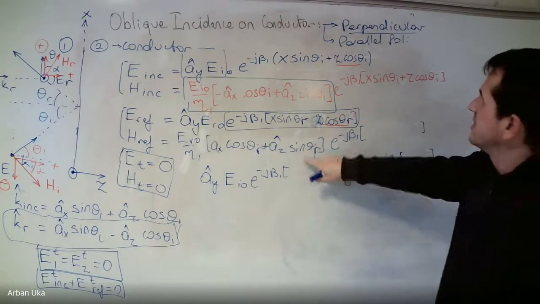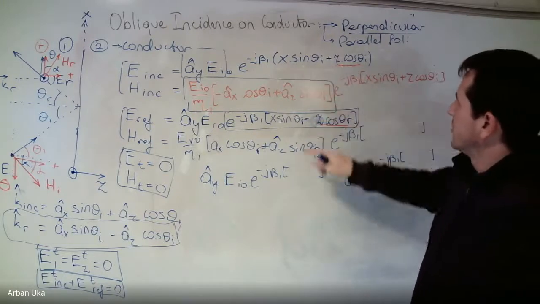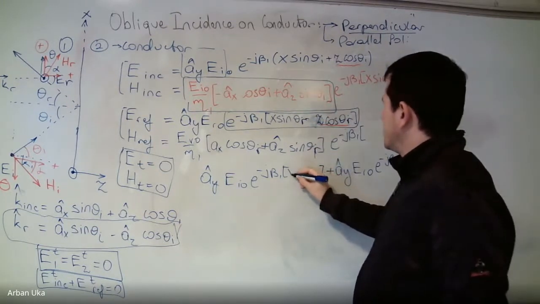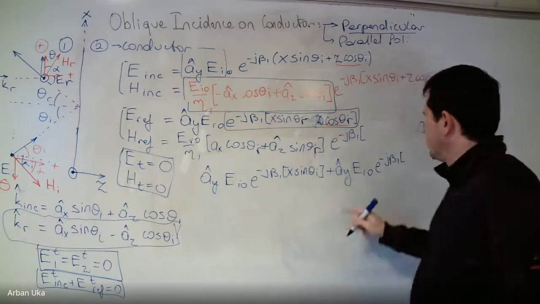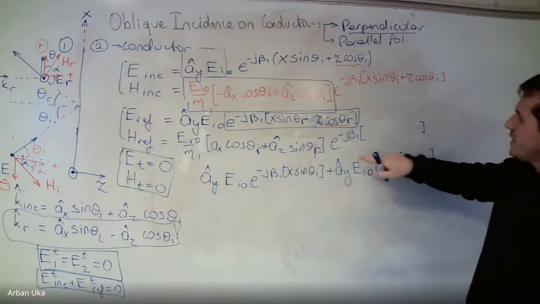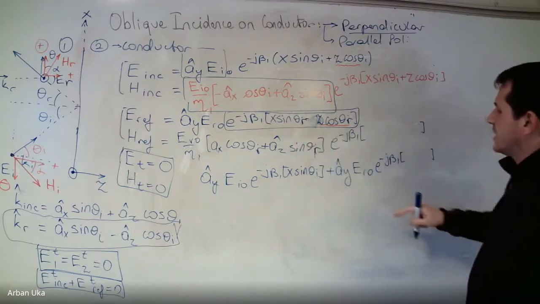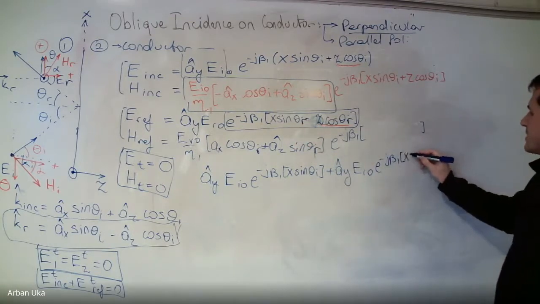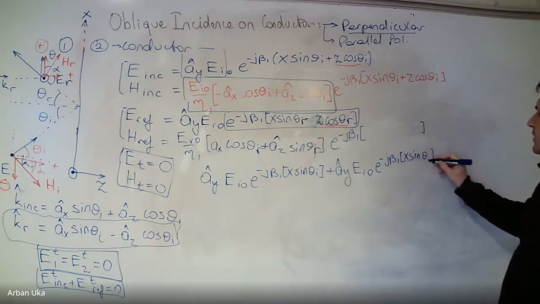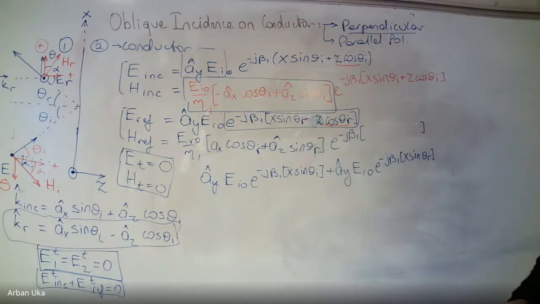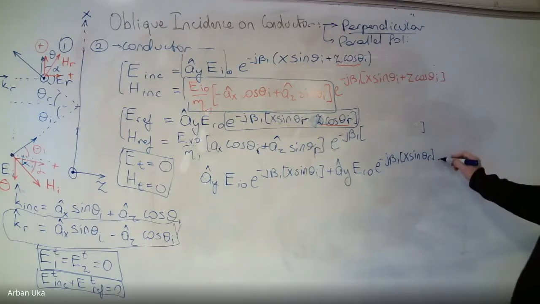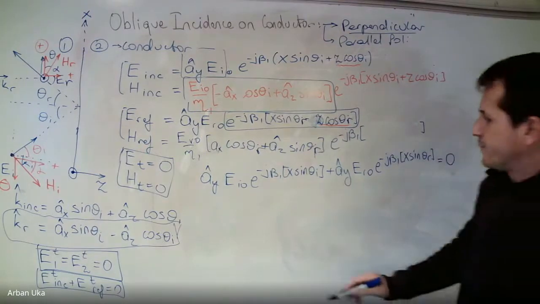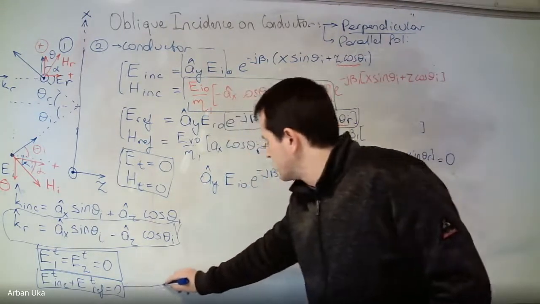What remains is just x: beta 1 x sine theta I, and here we have x sine theta r, where theta r is the angle of reflection. Now, this is all equal to 0 because this is the detailed expression of this one.